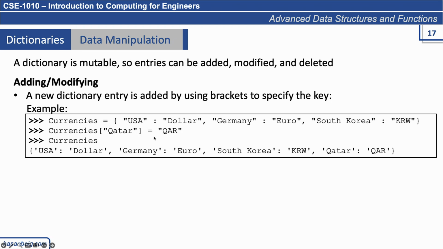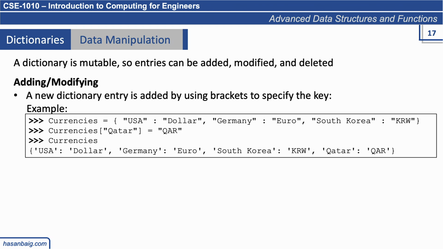So what would happen if I wrote USA equals USD? Instead of writing dollar, be more specific, write US dollar, USD. What would happen?